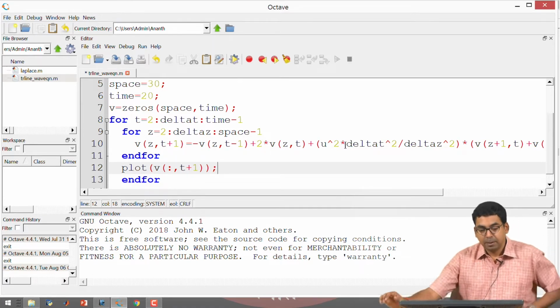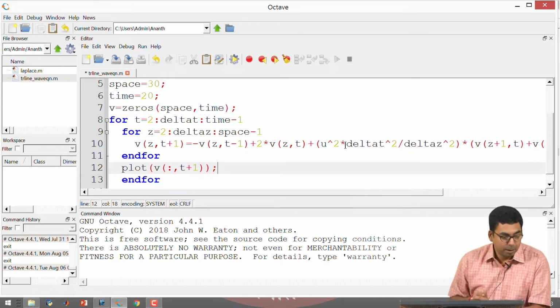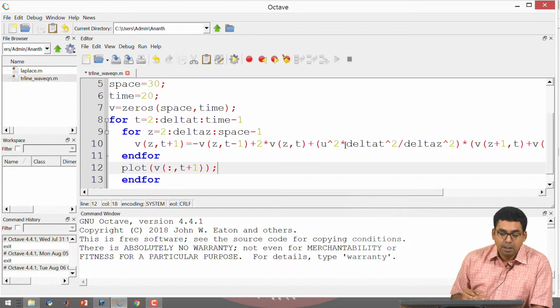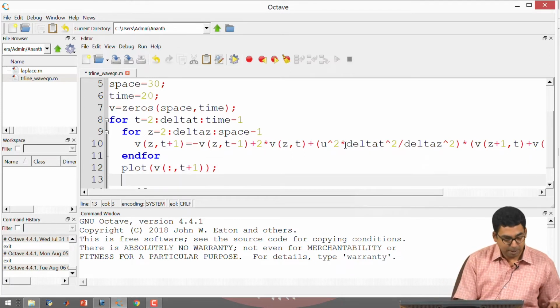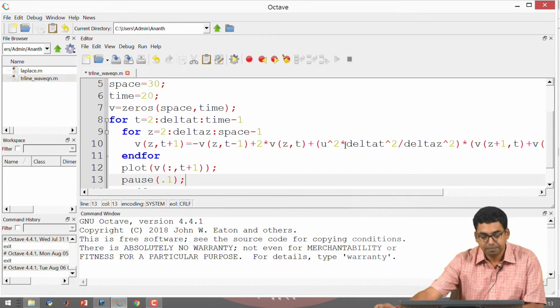Okay. And we also know that yesterday when we were looking at the previous lecture, if we do not give a pause command, then chances are that you will see one plot at the end of your program rather than seeing at every instant of time. So, I will just use a pause of 0.1. Okay.